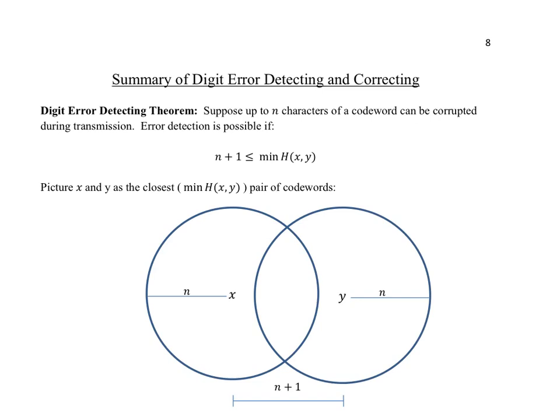So the distance that we need is a distance of n and then plus a little bit more, so n plus 1. So the magic number for error detection is n plus 1. So as long as that's less than or equal to the minimum Hamming distance, then we get successful error detection.